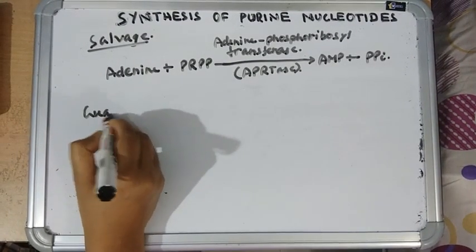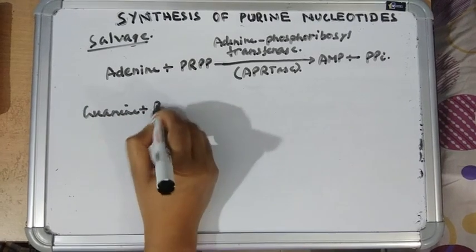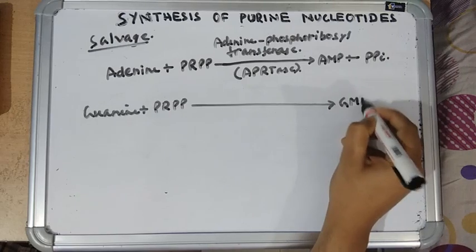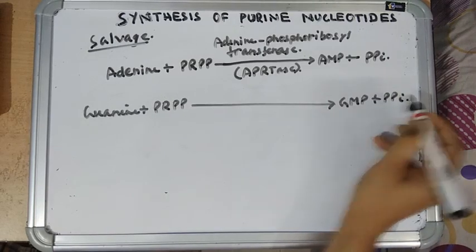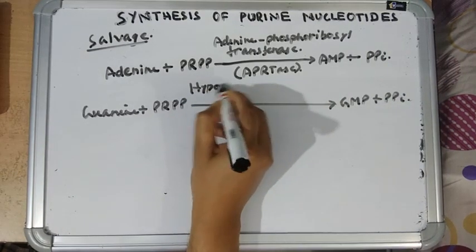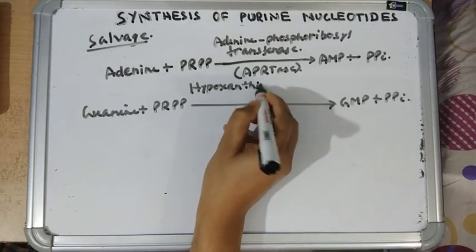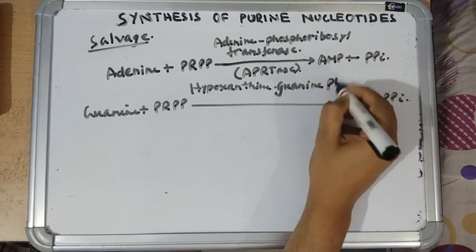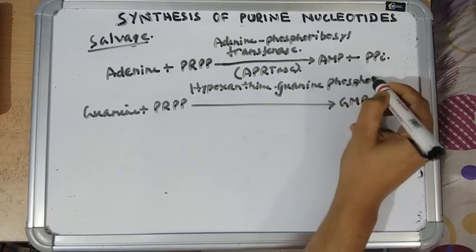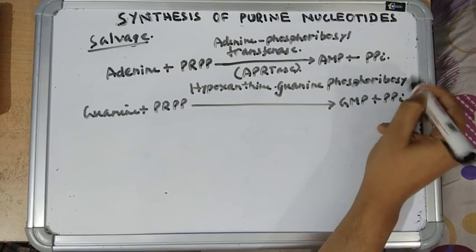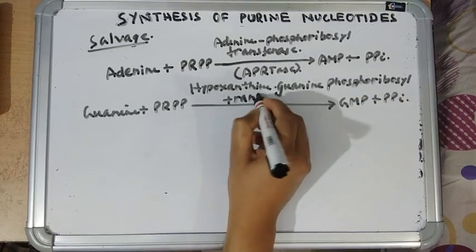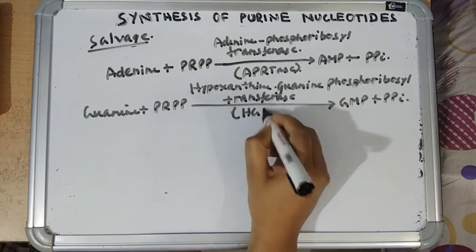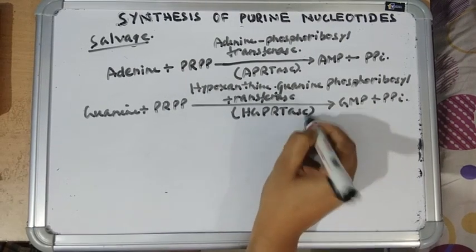Likewise, guanine combines with PRPP to form GMP and inorganic pyrophosphate by the action of the enzyme hypoxanthine guanine phosphoribosyl transferase or HGPRTase.